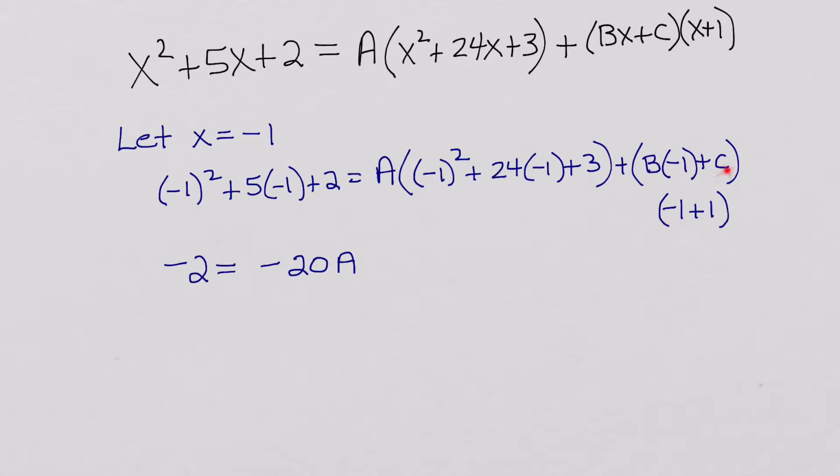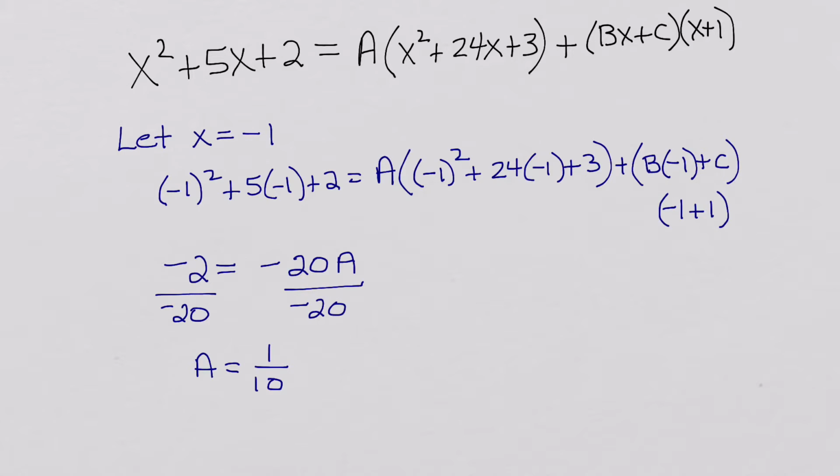So that term just goes away entirely, which is great because now I can find a in about a half a second by just dividing both sides by negative 20. And I get a equals positive 1 over 10 in lowest terms. So now we have our value of a. So we have one value down and 2 to go.